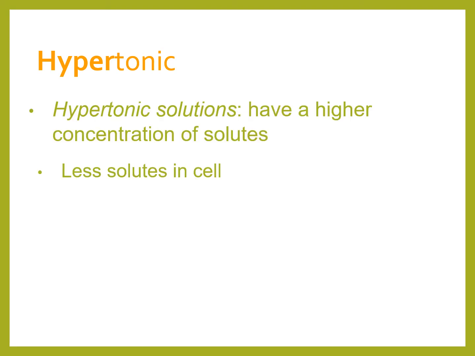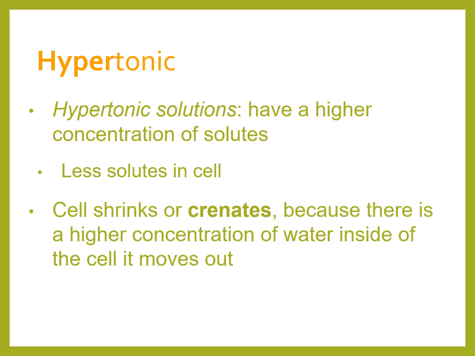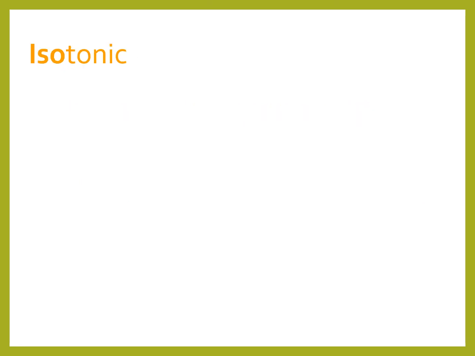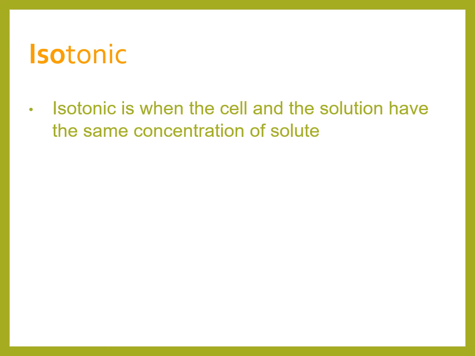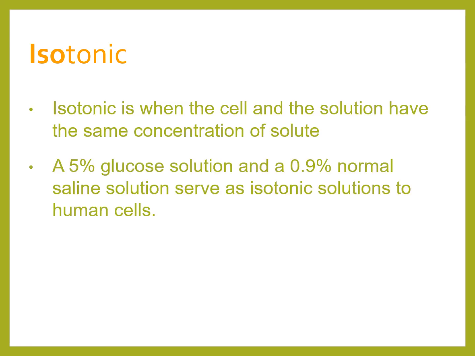Hypertonic, on the other hand, has a higher concentration of solutes, less solutes within the cell, so this cell starts to shrink or crenate, because of a higher concentration of water inside the cell. Isotonic is the balance, or homeostasis. So a 5% glucose solution and a 0.9% normal saline solution serve as isotonic solutions to human cells.